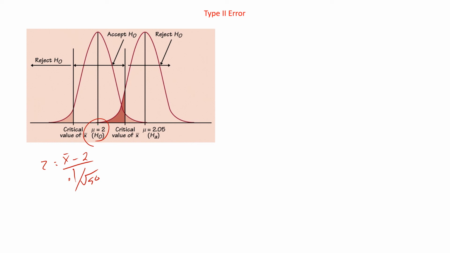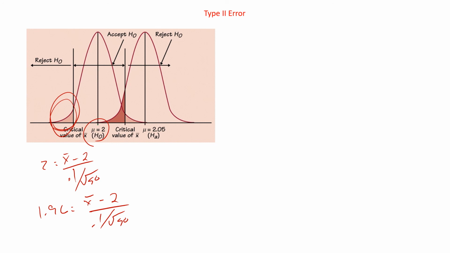And so we have to do it for both sides because this one would be negative 1.96. We're not really going to go down there. We'll just do it for the positive one. 1.96 equals x bar minus 2 over 0.1 over root 50. We can solve here for x bar.